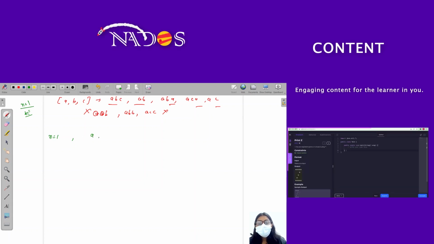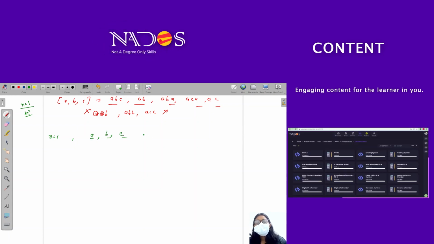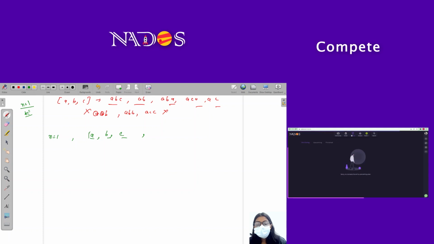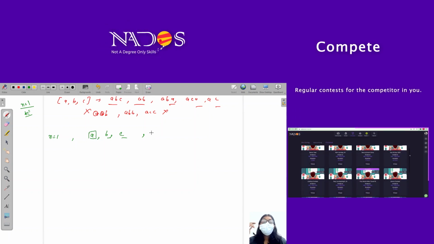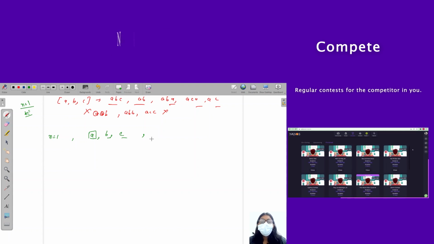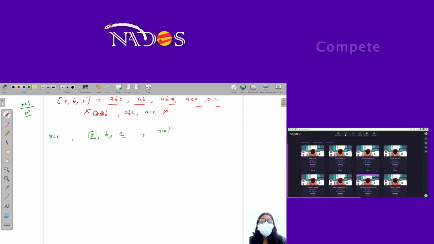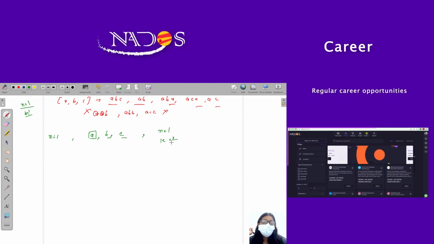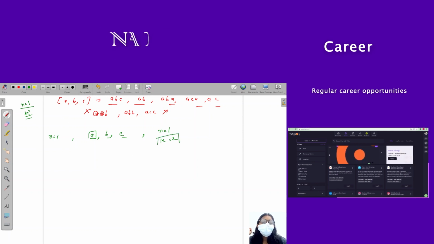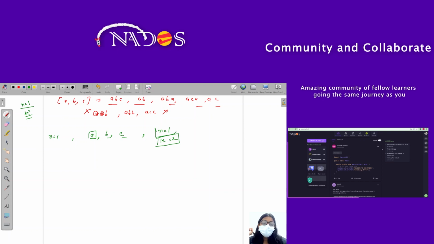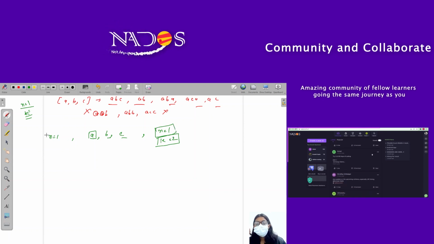All the happy strings of length 1 are A, B, and C. So let's say I want the second happy string of length 1. So n here is 1 and k here is equal to 2. It says give me the second happy string of length 1. So my answer is B.